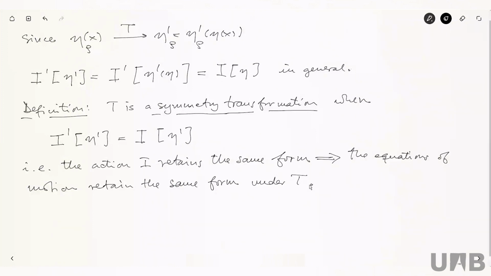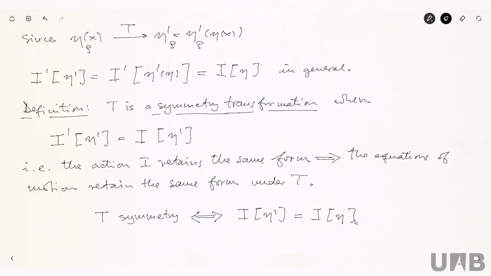Okay, so let us see what this means. If T is a symmetry, then what has to happen is that I of eta prime, which is I prime of eta prime, but I prime of eta prime is I of eta. So that means this is the same. This is going to be the condition, right?